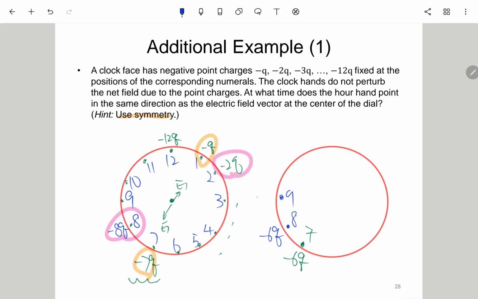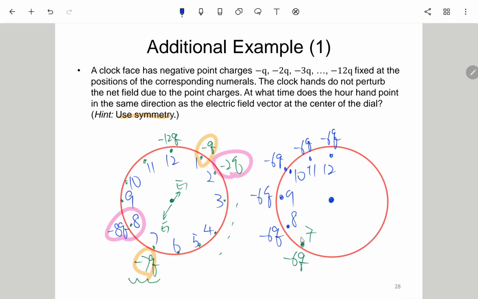So at 9 we also have this negative 6q, and at 10 we also have this negative 6q, and at 11 we also have this negative 6q, and at 12 we also have this negative 6q. Okay, so we only have negative 6q at 7, 8, 9, 10, 11, and 12. When we consider the center point, all of these vectors have the same magnitude, although pointing in different directions.